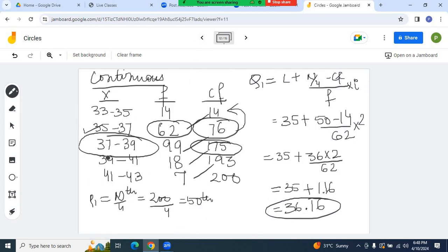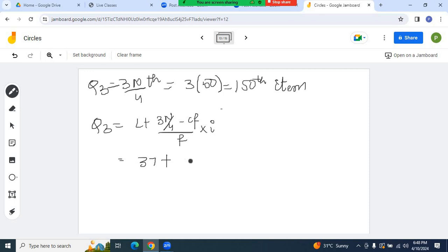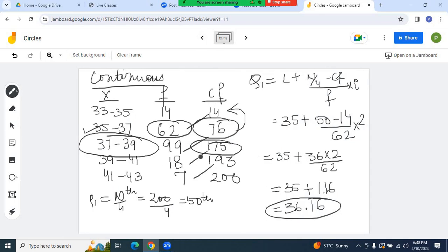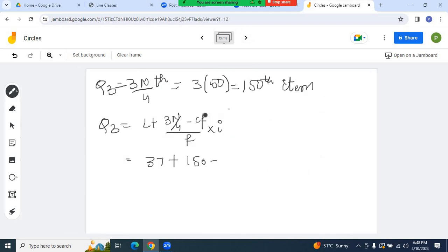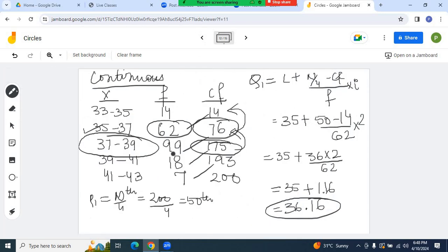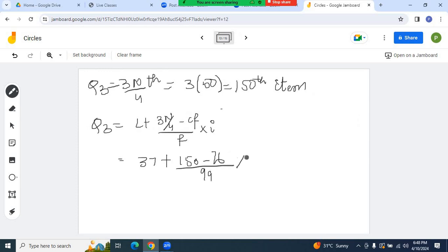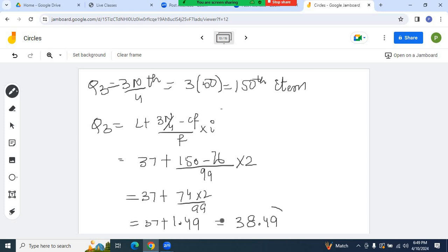L, lower limit, 37, plus 3n by 4, 150, minus CF, the previous one, 76, frequency 99, i is 2. 37 plus 150 minus 76, 74 into 2 by 99, it is 38.49. This is Q3.